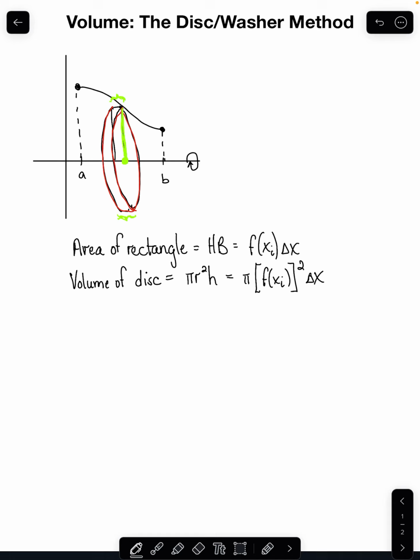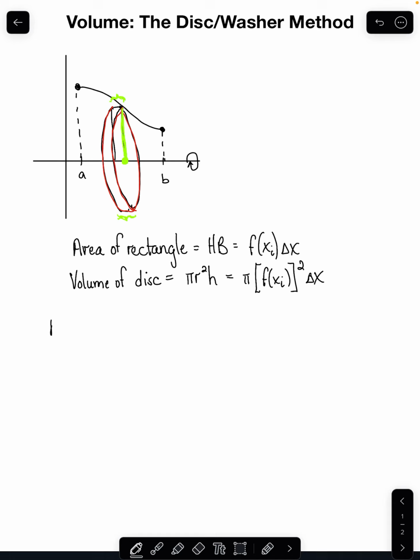So the area of the ith rectangle corresponds to the volume of the ith disk, where the height of the rectangle becomes the radius of the cylindrical disk, and the base of the rectangle becomes the thickness of the disk.